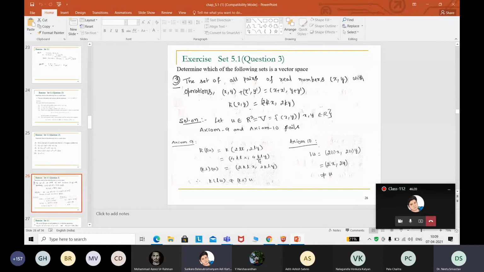Ma'am, they mentioned already that scalar multiplication will be done like this? Yes. It is given already that scalar multiplication will be multiplied like this. Vector addition will be done like this.